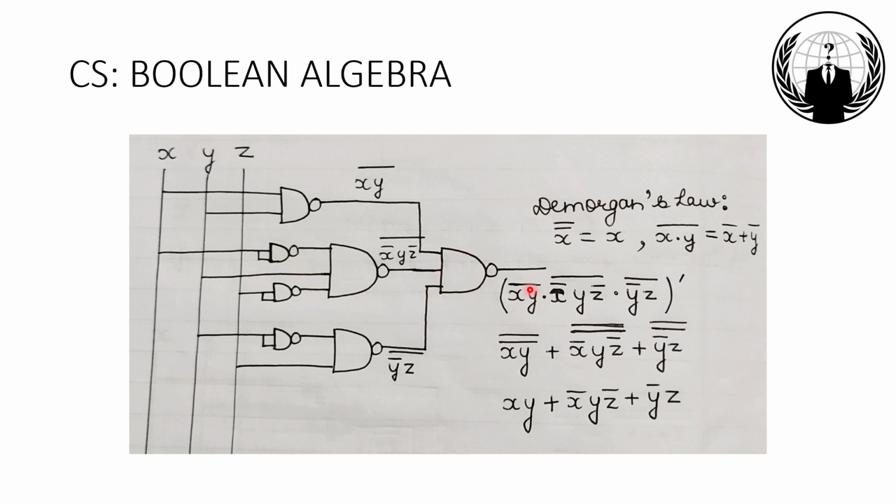Similarly we will combine all these together with the NAND gate, but the purpose of the NAND gate is to make a product, so we will get the product with a whole complement. By applying De Morgan's law, we will convert it into SOP. Double NOT, so by the involution law, xy double complement is equal to xy plus x complement y into z complement. Double complement is equal to x complement y into z complement, and similarly y complement into z will eventually come here. So we will get the desired output.